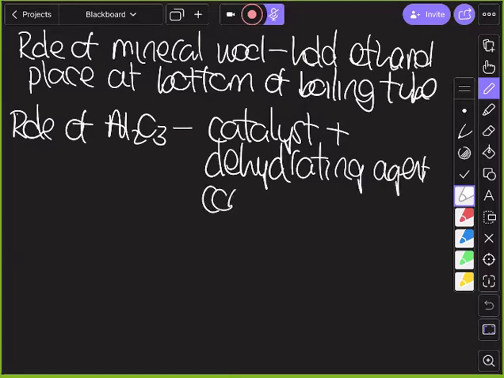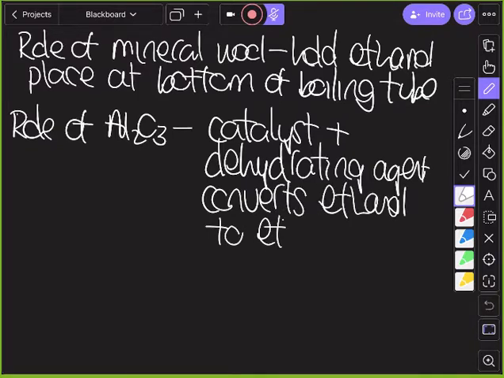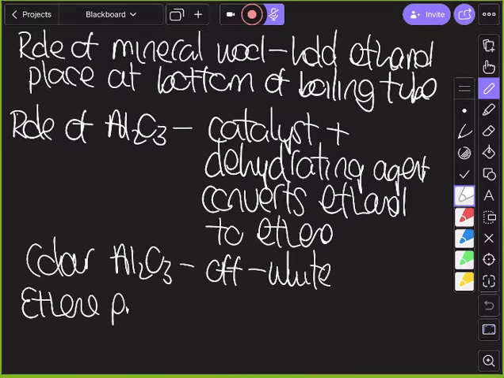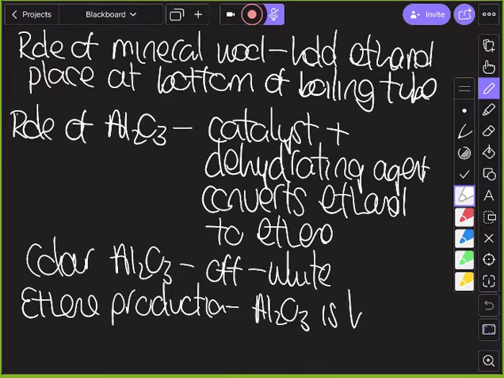And it converts ethanol to ethene. We've said the color of your aluminium oxide is this off-white. So our aluminium oxide is heated.